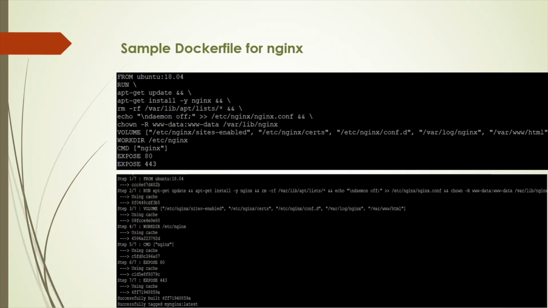And the result is something like this, where each instruction is nothing but a set of layered, read-only images which finally creates the Docker image, giving you the full-fledged application image.